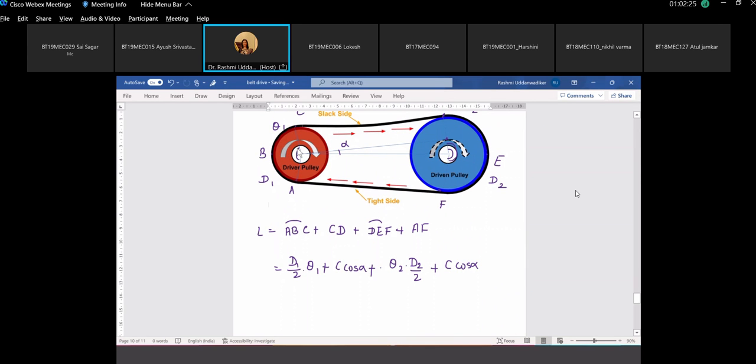This angle is theta 1. This total angle, if I draw a vertical line, is 180. So this small difference is the difference between the larger diameter and the smaller diameter, that is this distance upon C, and this is taken as sine alpha. So for small angle, alpha is taken as sine alpha. And so you get this term (D2 minus D1) by C. And the value of cos alpha, what will be cos alpha in terms of D1, D2 and C?